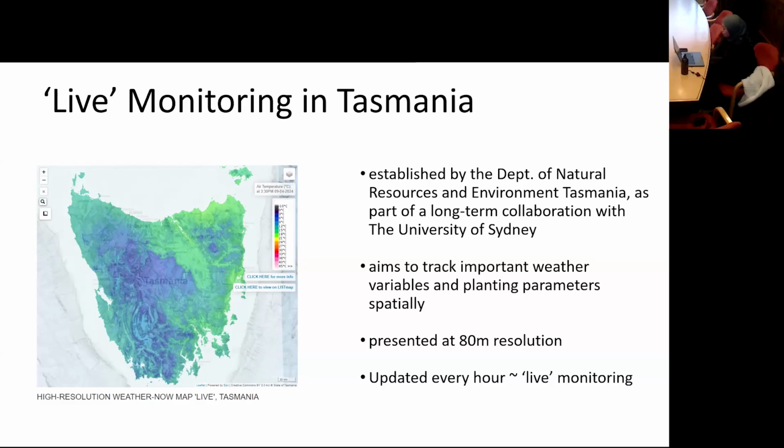This live monitoring aims to track the important weather variables and the planting parameters spatially. In this monitoring system, all the maps are presented at 80-meter resolution, and the information, especially the weather maps, is updated every hour. So we can call it live monitoring.